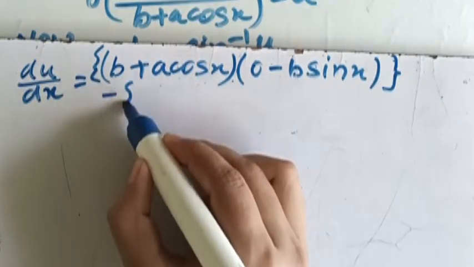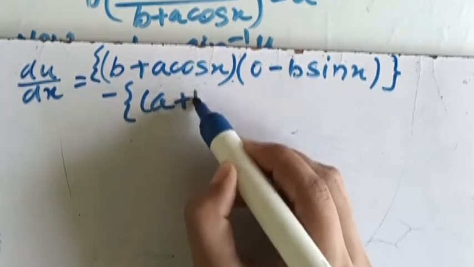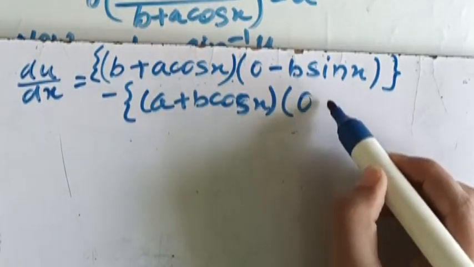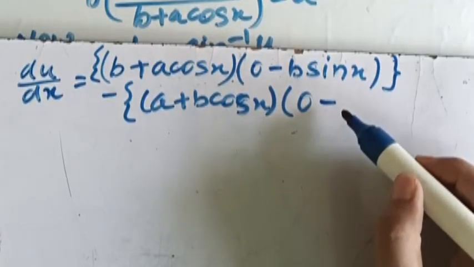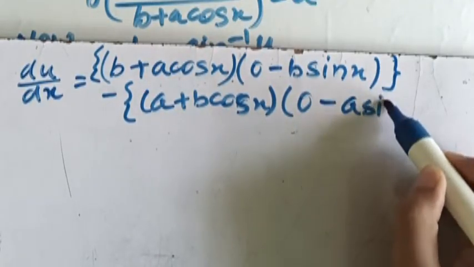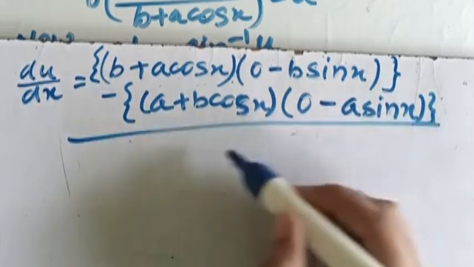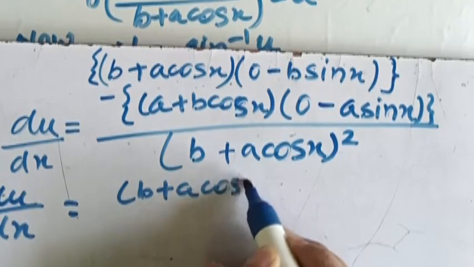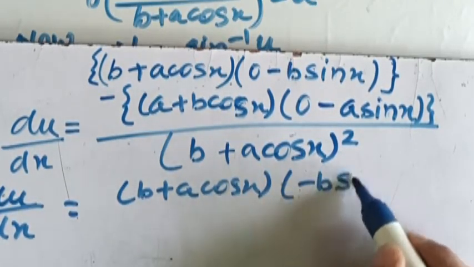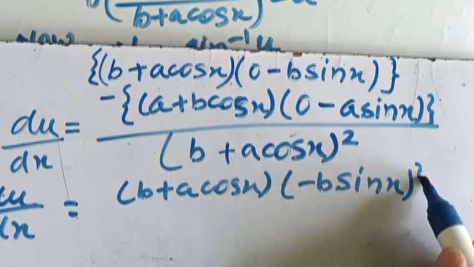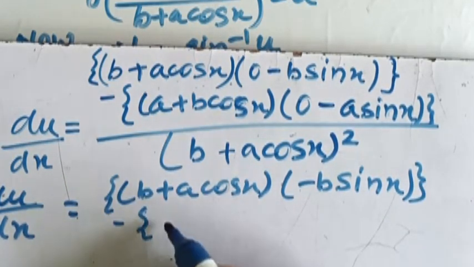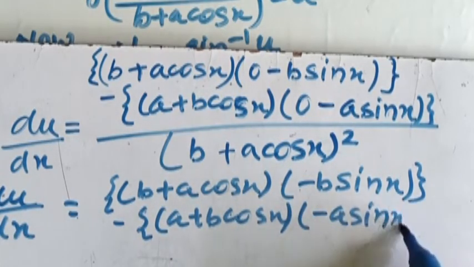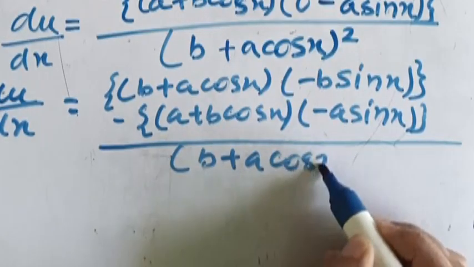And again minus, a plus b cos x as it is, and differentiation of b will be 0 because it is a constant term, and differentiation of a cos x will be minus a sin x, upon (b plus a cos x) whole square.